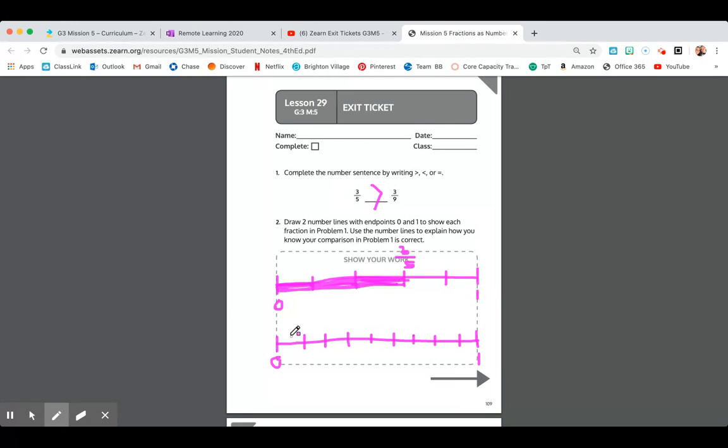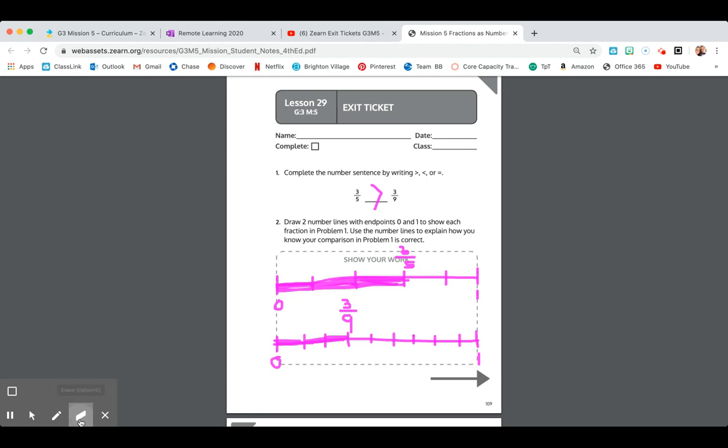And I need to shade 3 now. 1 ninth, 2 ninths, so here is 3 ninths. And looking at my picture, I can see that 3/5 is indeed greater than 3 ninths. It is closer to the whole than 3 ninths is. 3 ninths is much closer to 0.